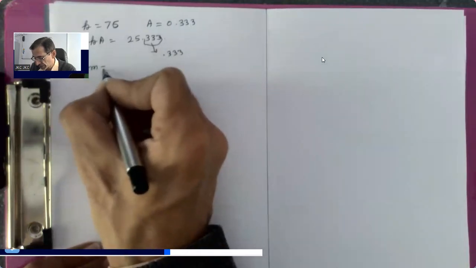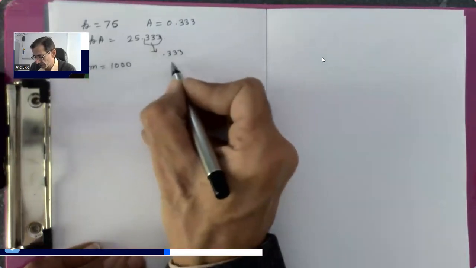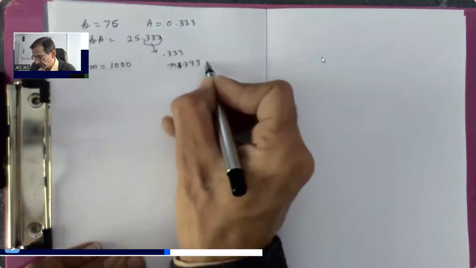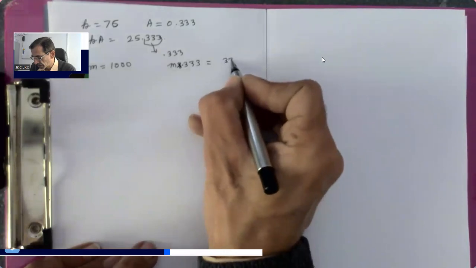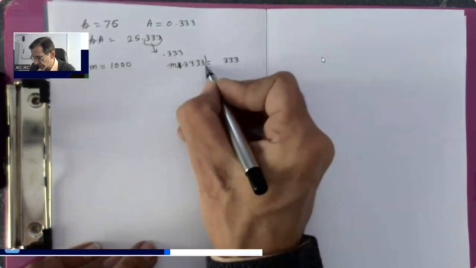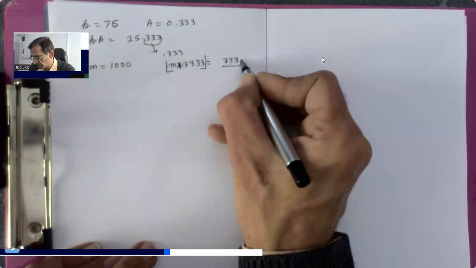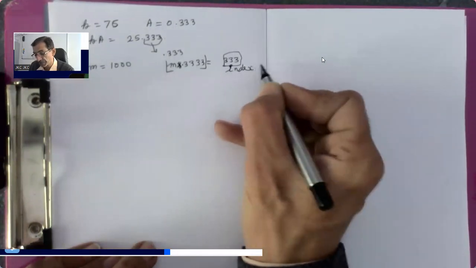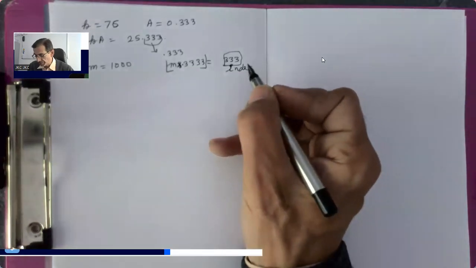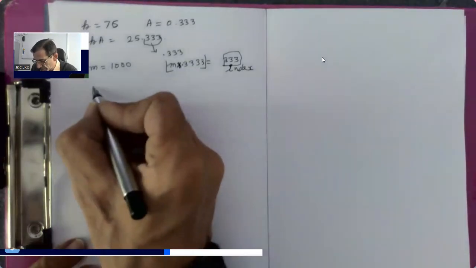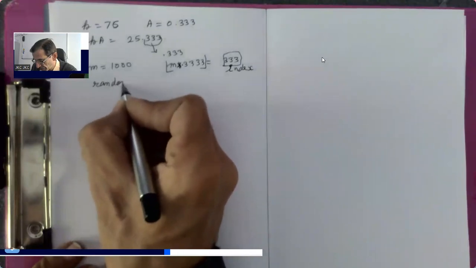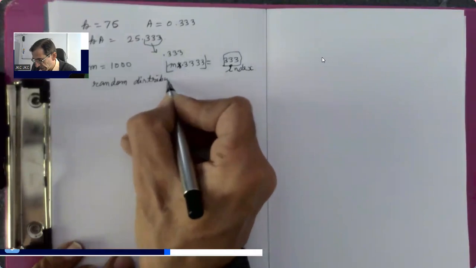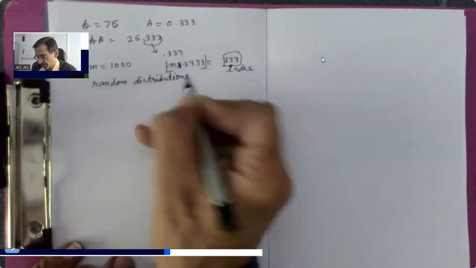If my M is taken as 1000, M into 0.3333 will effectively mean 333, and the floor of that will be taken. So 333 becomes the index. That is the whole purpose of doing all this. We can easily understand that some random behavior or random distribution will be guaranteed through this process, and random distribution will ensure fewer collisions.